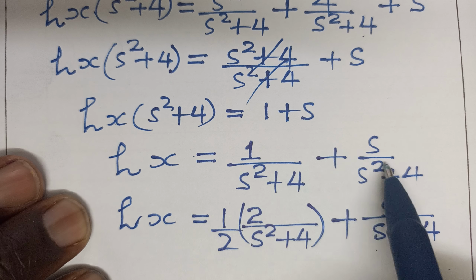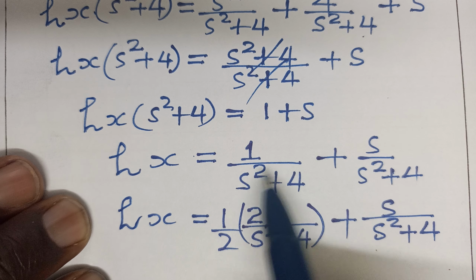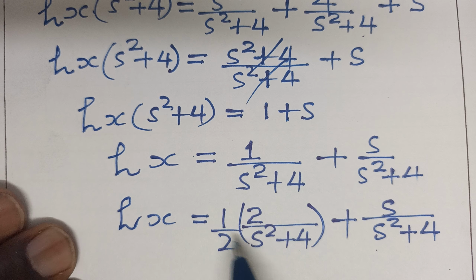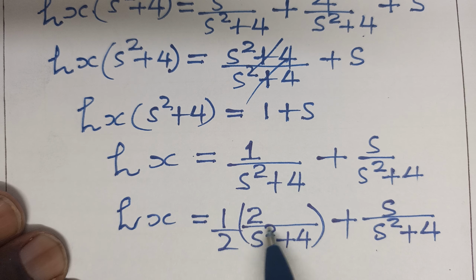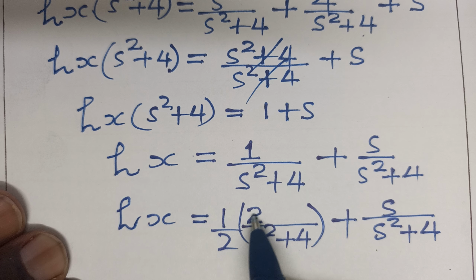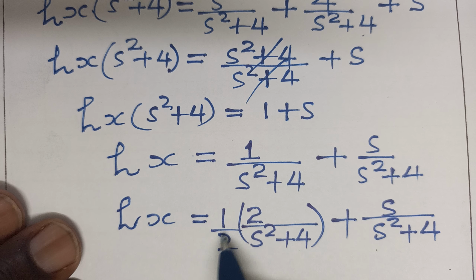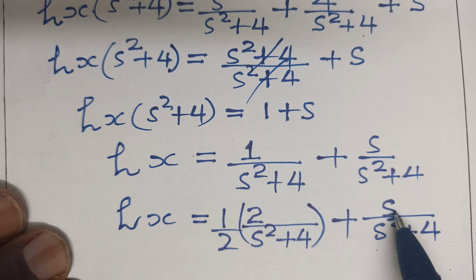We can make this a partial fraction so that both of them are under the same denominator. From there, this is what we are going to do. We can adjust this one so that it fits one of the identities, and so I put 2 there. I also put a half. Of course, this does not change. And this one now becomes s all over s squared plus 4.